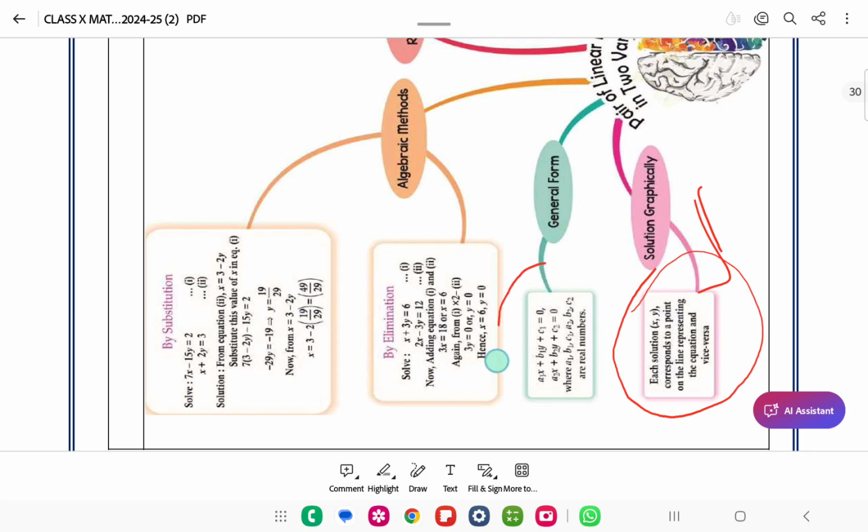And another condition, the general formula is a1x plus b1y plus c1 equals 0. That is one equation you will get. And another equation is generally named a2x plus b2y plus c2 equals 0, where a1, b1, c1, a2, b2, c2 are real numbers. It is very important.